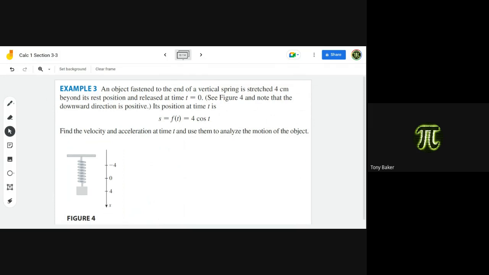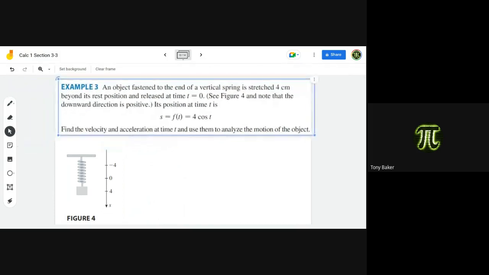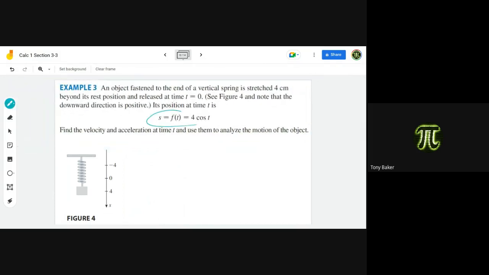In your pre-calc class, you actually would have had to figure out the 4 cosine t. So we don't want that. I'm going to give that to you here.